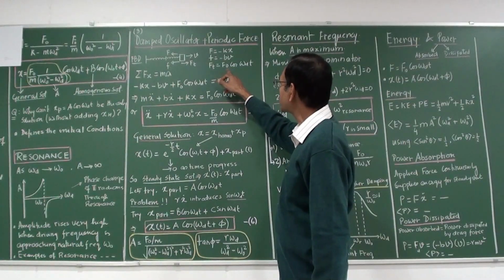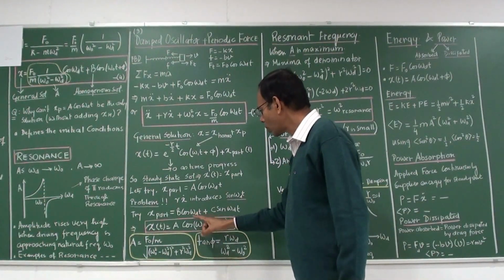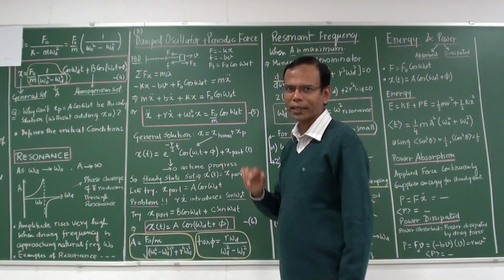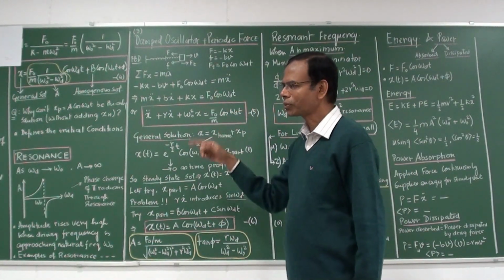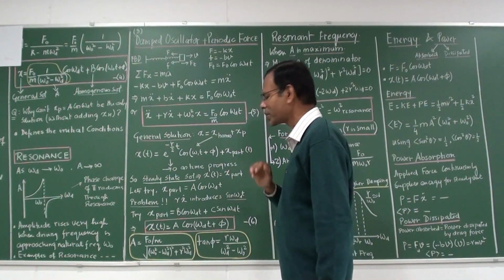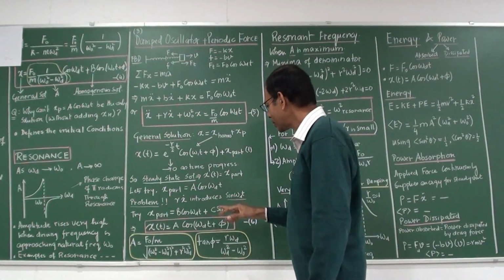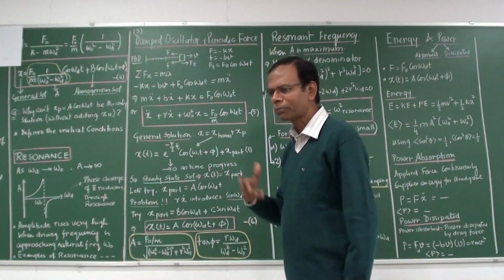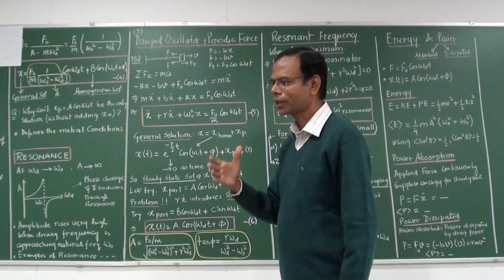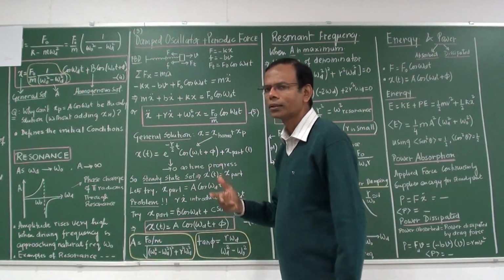Our force is f0 cos omega d t, and displacement is cos of omega d t minus phi. So in some of the books you will see a plot of both the force as well as the displacement, and displacement lags the force by the phase phi. That means the displacement lags by delta t, where delta t is equal to delta phi by omega.